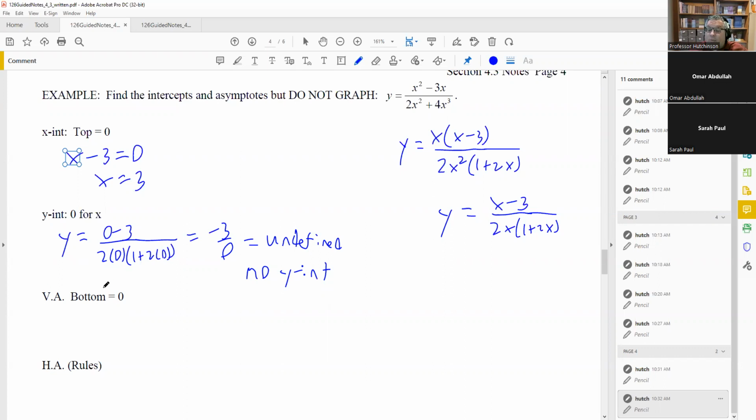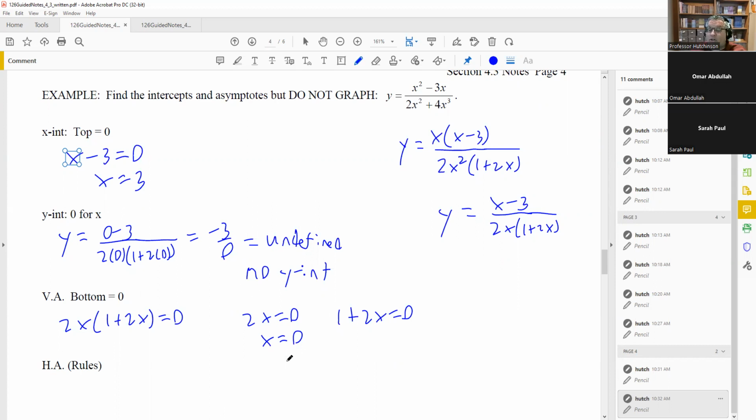For the vertical asymptote, you're setting the bottom equal to 0. Now the bottom, we're going to use the reduced version, so it's 2x times 1 plus 2x, that equals 0. If we set both those equal to 0, we get 2x equals 0, and 1 plus 2x equals 0. Divide both sides by 2 here, we get that 0 is a vertical asymptote. So actually that explains why we did not get a y-intercept.